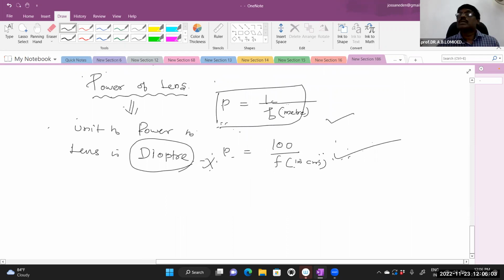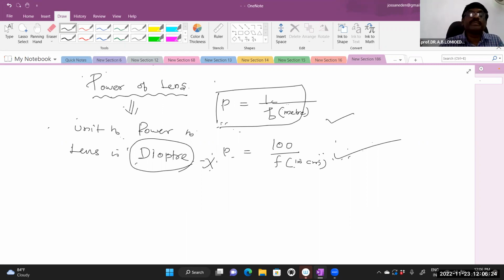Suppose the system consists of many lenses. To find the total focal length of all the lenses, we have to add the focal lengths of the individual lenses.